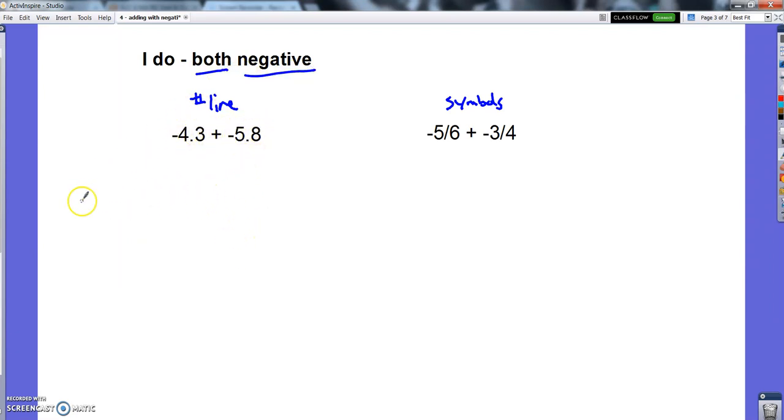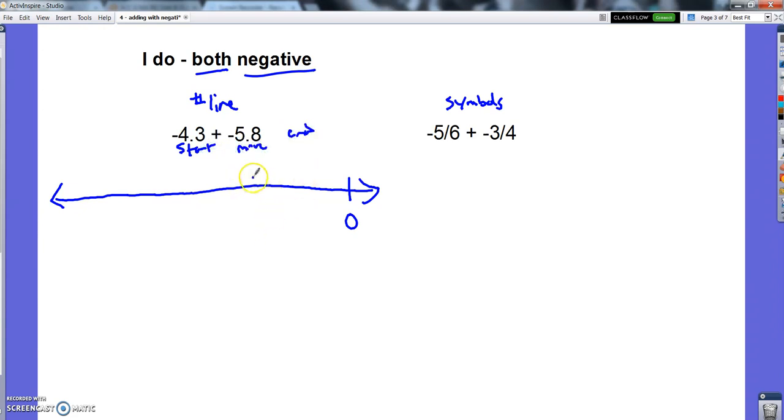If it were me, I would use the number line strategy with the decimals, because I think it's a little easier. So these are both negatives, so I'm going to leave myself lots of negative space here. So I'm going to do the start, move, end strategy here. And I'm going to start at -5 8/10, and I'm going to move 4 3/10 in the negative direction. So what I like to do is move the whole number first. So like 1, 2, 3, 4, because that's pretty easy.